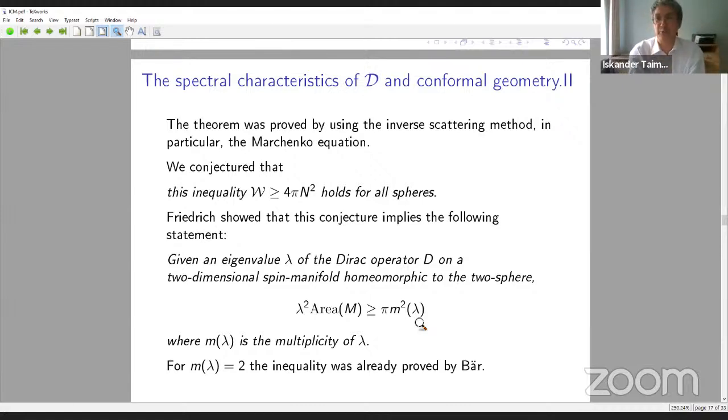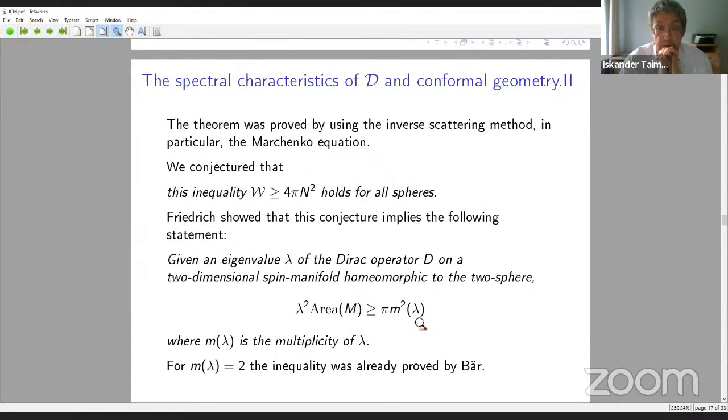He introduced this equation in the 50s. We conjectured that this inequality, Willmore functional greater or equal to 4 pi n squared, holds for all spheres. But the inverse scattering method for two-dimensional potentials is not well developed, and we couldn't do that by means of mathematical physics.